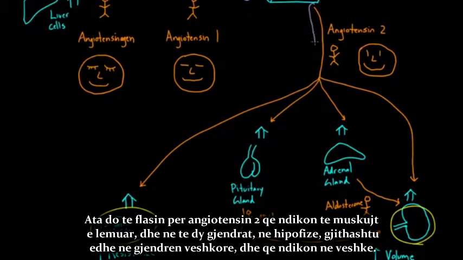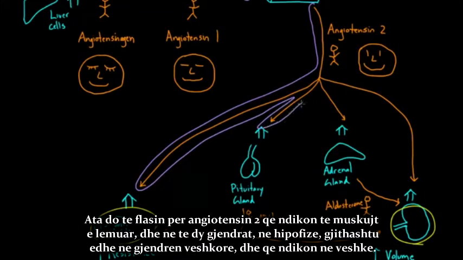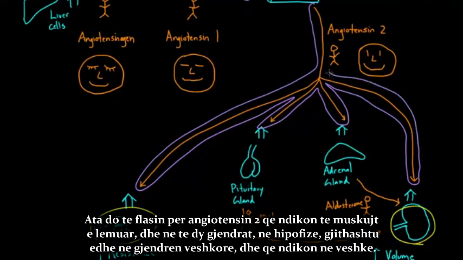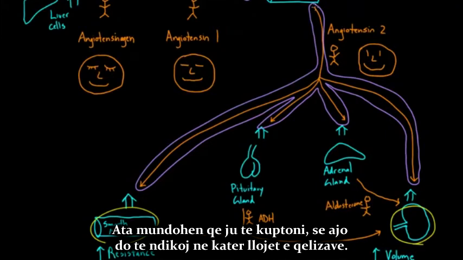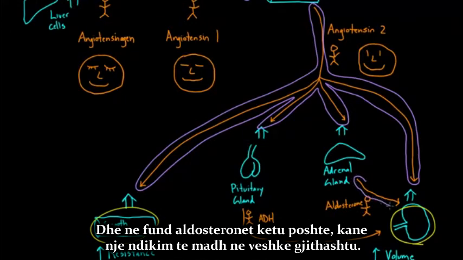So they're going to talk about angiotensin 2 affecting the smooth muscle and the two glands, the pituitary as well as the adrenal gland, and its effect on the kidney. So they're really referring to all of those things. So they want to make sure you remember that it's affecting at least four target cell types, and finally that aldosterone down here has a huge effect on the kidney as well.